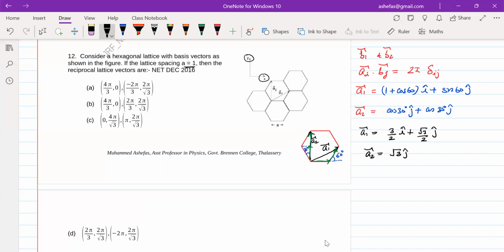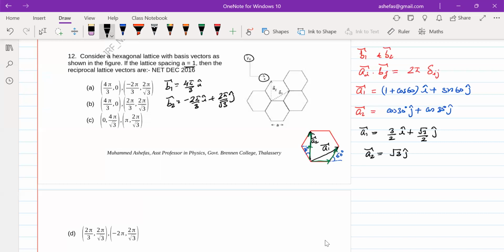So first of all, we can check the condition, which requires a1 dot b1 equal to 2 pi and a2 dot b2 equal to 2 pi. In the first choice, b1 is 4 pi by 3 i and b2 is minus 2 pi by 3 i plus 2 pi by root 3 j.